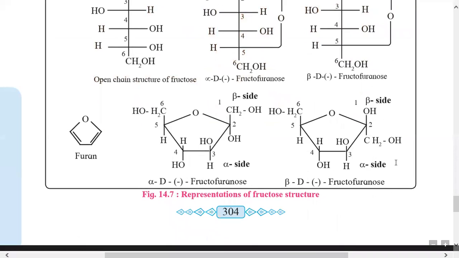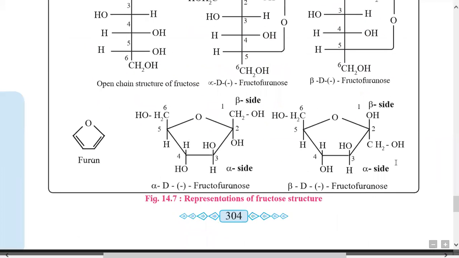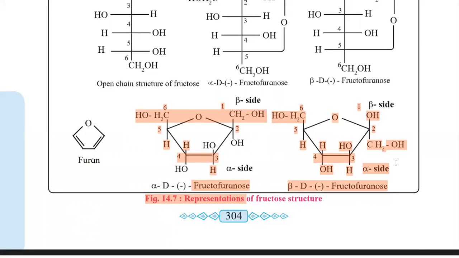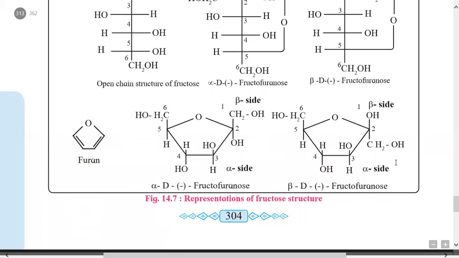Now this ring structure is called the Haworth projection formula for fructose, and this structure is similar to the heterocyclic compound furan, and therefore the cyclic structure of fructose is named fructofuranose. Here carbon number 1 contains CH2OH, carbon number 2 is bonded with the OH group, carbon number 3 has OH and H, carbon number 4 has H and OH, carbon number 5 has hydrogen on one side and on the other side the CH2OH, that is the sixth carbon.